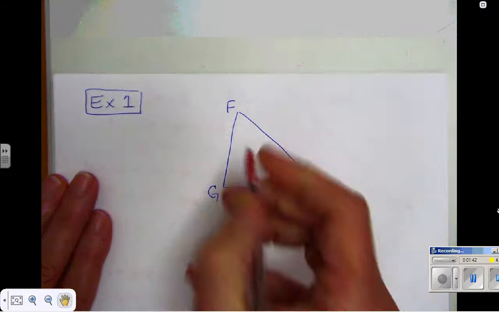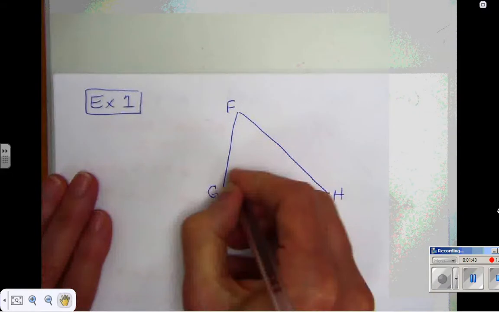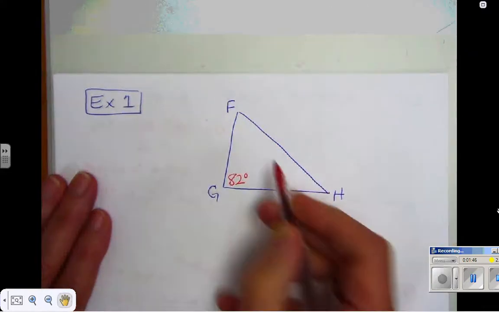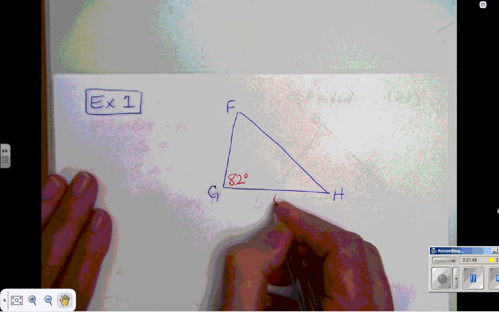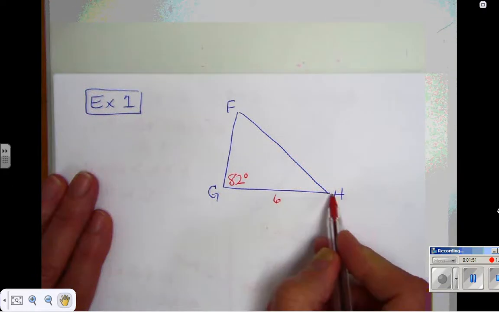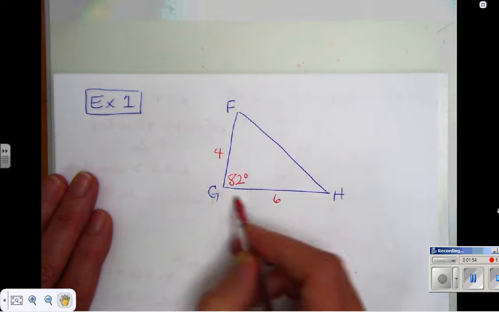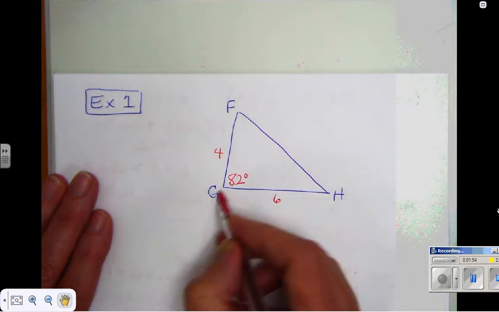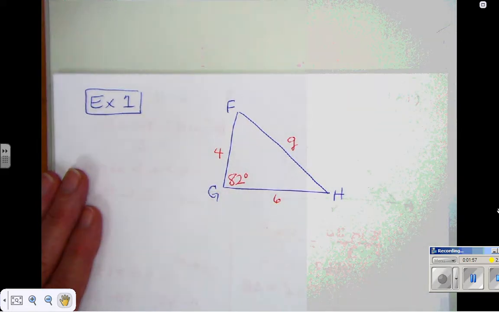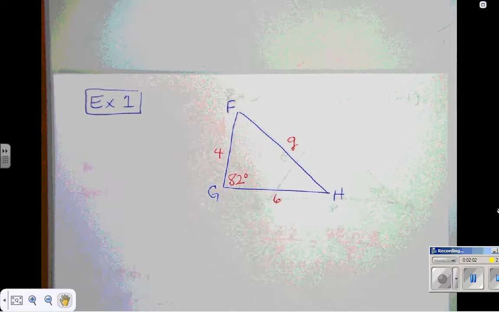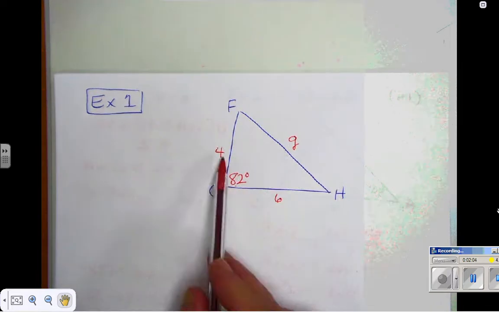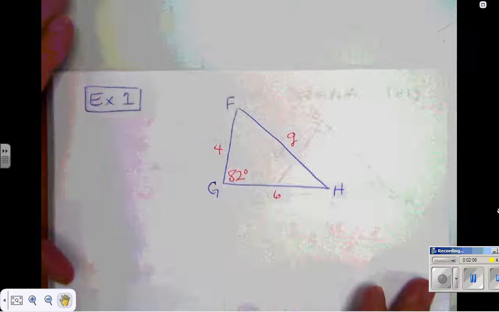Angle G is 82 degrees. Side F is 6, so the side across from angle F is 6, and side H is 4, so the side across from angle H is 4. That means that this side across from angle G is going to be side G. So I have my angle here and the two sides that make up that angle.